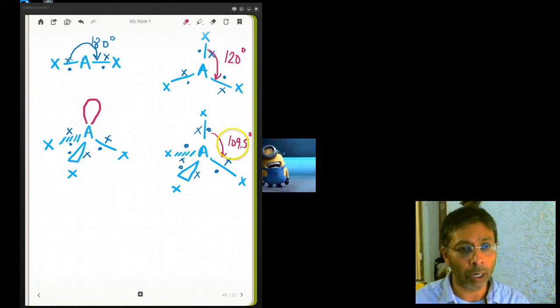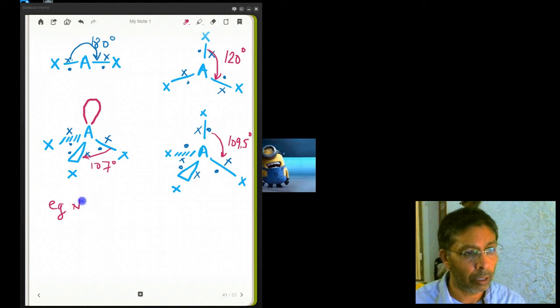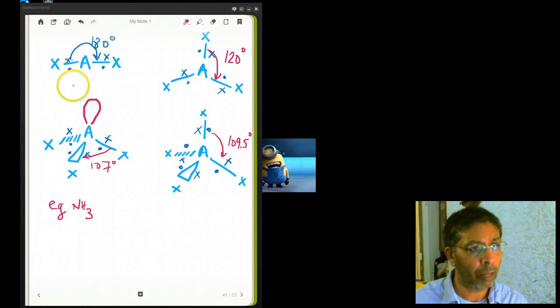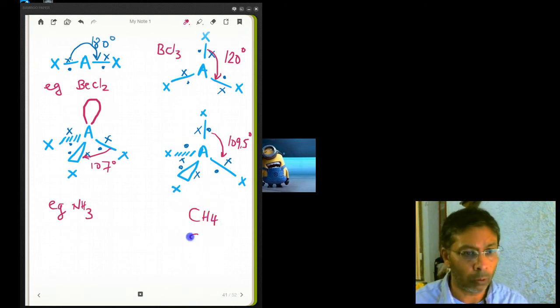So from 109.5, reduce it by 2.5, and you get 107 degrees. An example of that would be ammonia. Other examples: beryllium chloride, boron chloride, CH4 or SiH4.